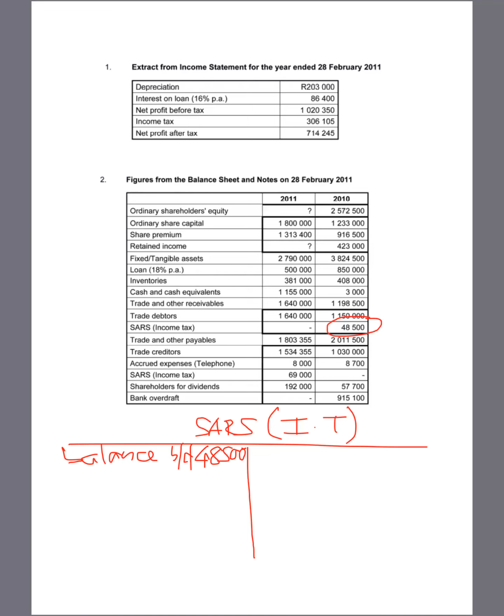Yes. And then I said my bank is always debited, so I debit my bank. And what did I say about my income tax? You always credit. I always credit it.